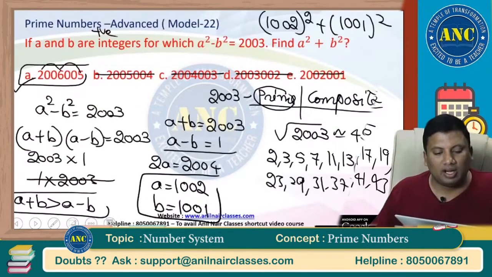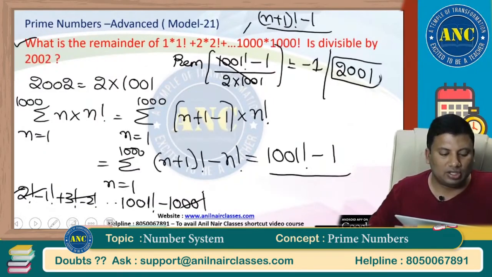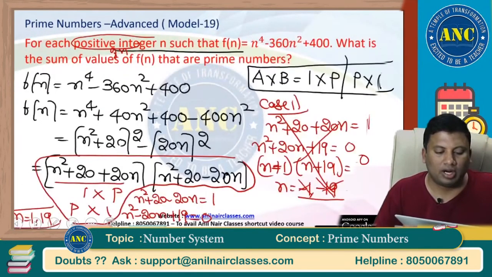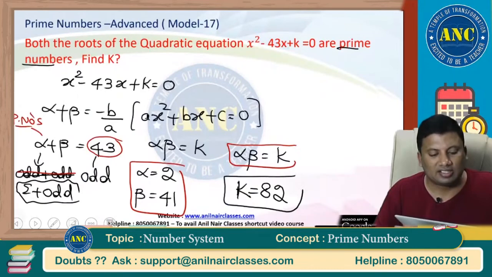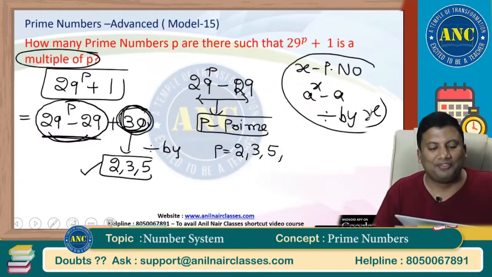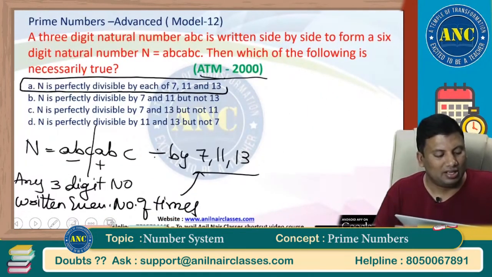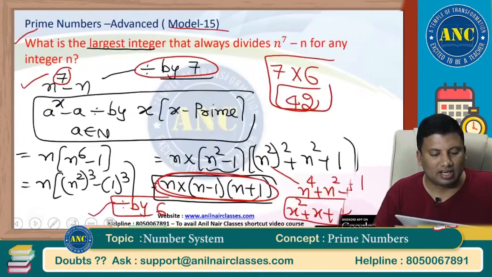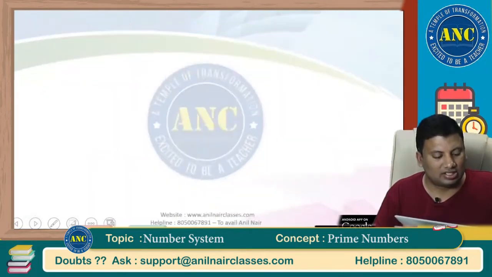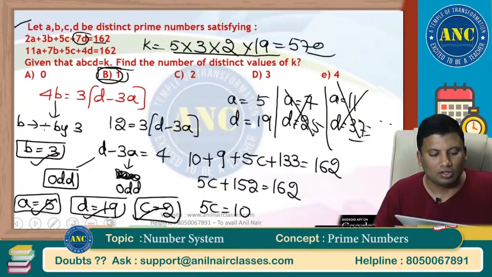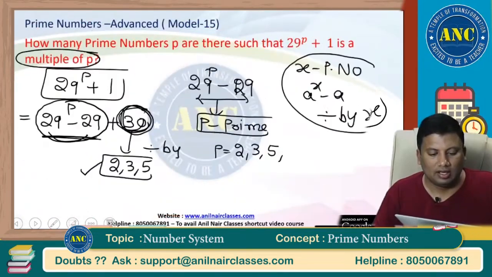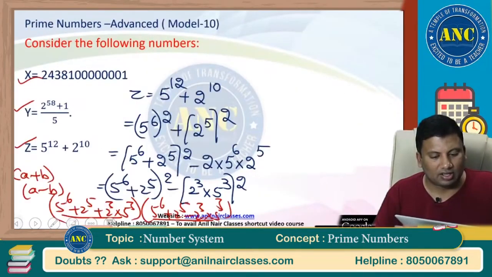This is one model. This is model number 22, model 21, model 19, 18, 17, 16, 15, 14, right? Model 12. Is there any model that is missing? Let us see. I think one model which we already covered was 10.